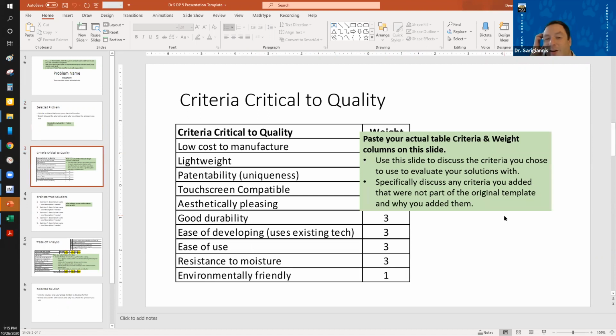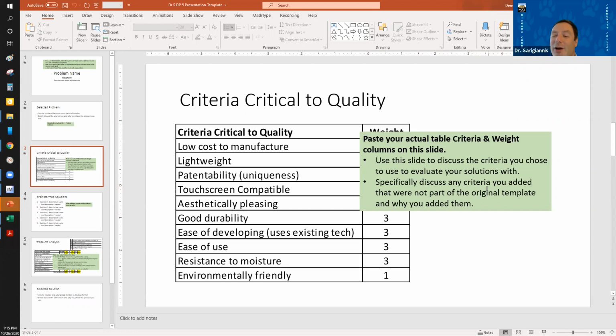And then you're going to talk about your critical to quality criteria. So we're not going to talk about how you chose your problems. We're talking here about what are the criteria you decided were important for the solution you needed to come up with to solve your problem of choice. So you can use your actual table, and there should be some discussion around here.